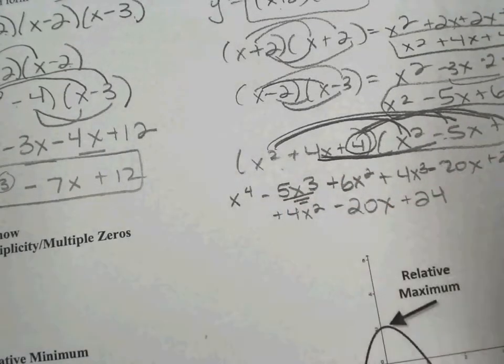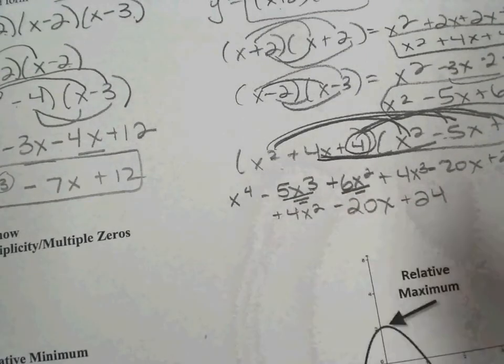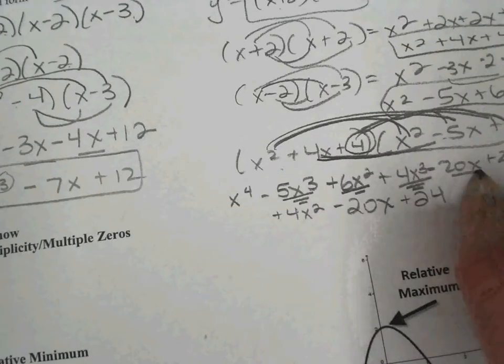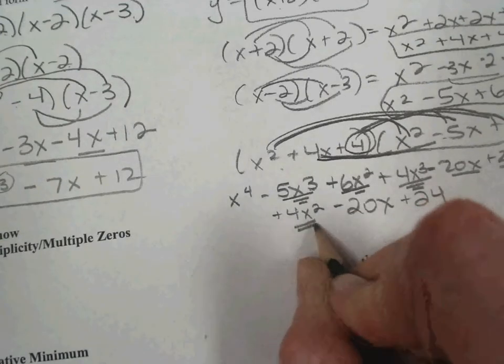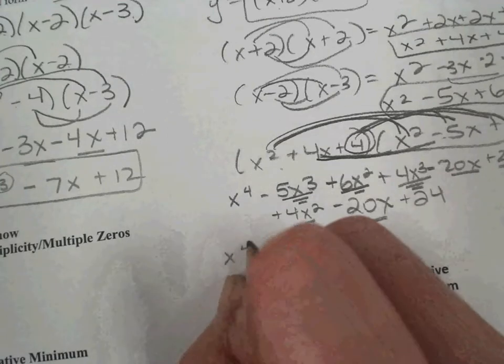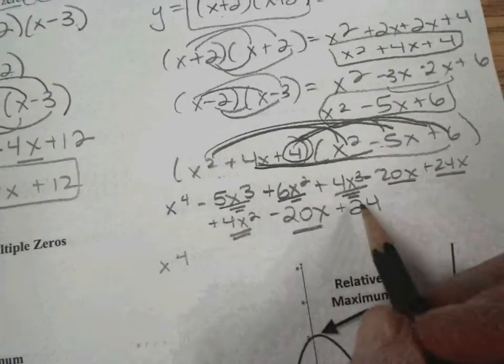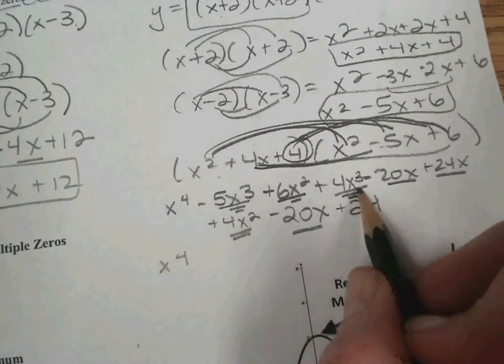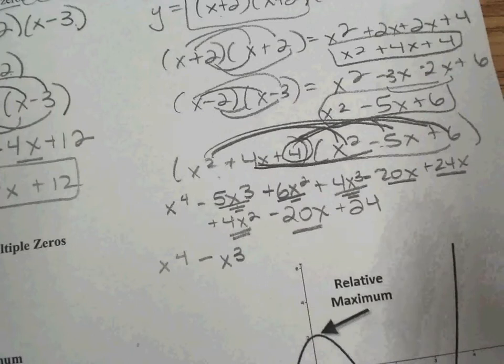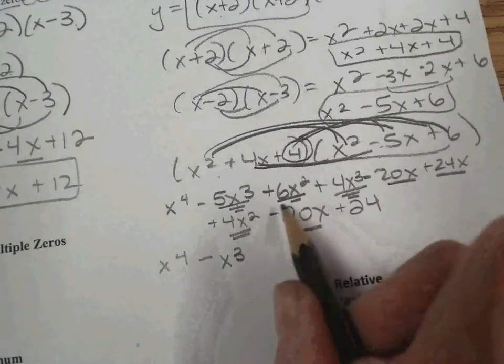Now we get to combine like terms. This is helpful to actually underline it the number of times representing each degree, so that'll help us arrange our like terms. So you can see here there's only one x to the 4th. We have a minus 5x cubed and a plus 4x cubed, so that's going to be a minus 1x cubed.